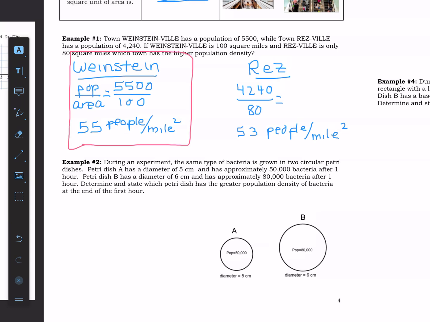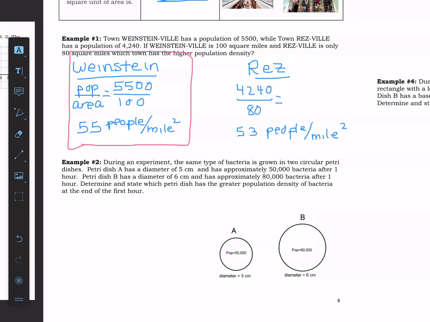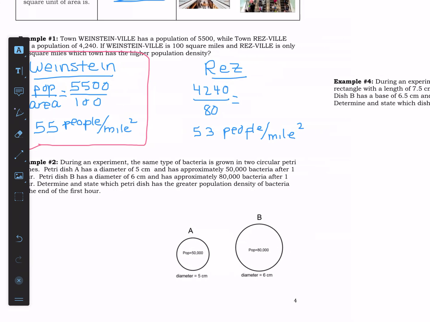Determine and state which petri dish has the greater population density of bacteria at the end of the first hour. Okay, so just like we did in the previous problem, we're going to do each petri dish on its own. Separately, I mean.